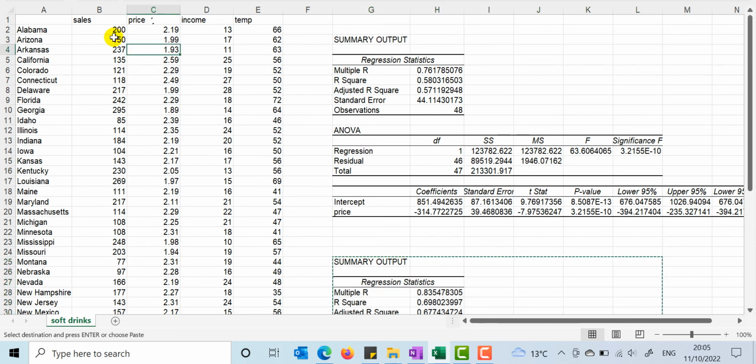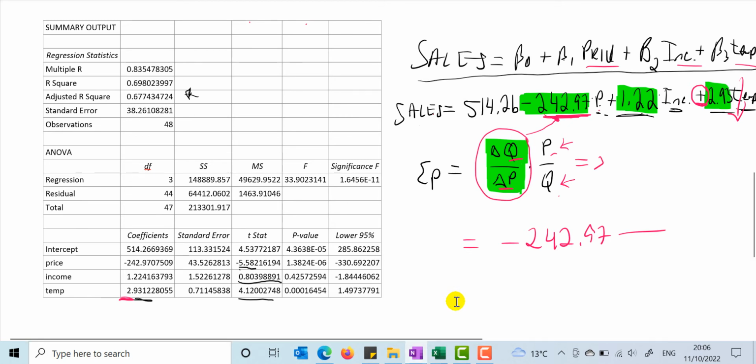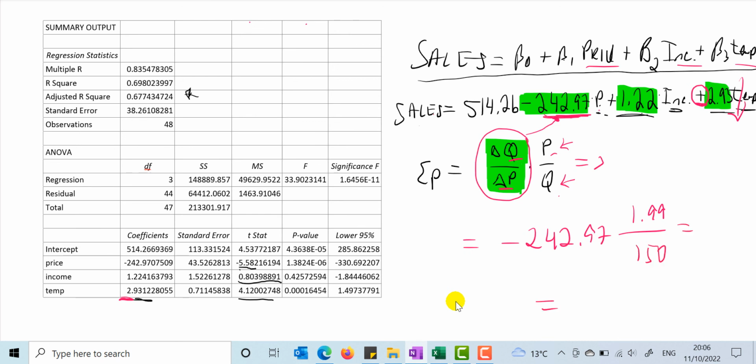Let's take Arizona. Price was 1.99 and quantity was 150.